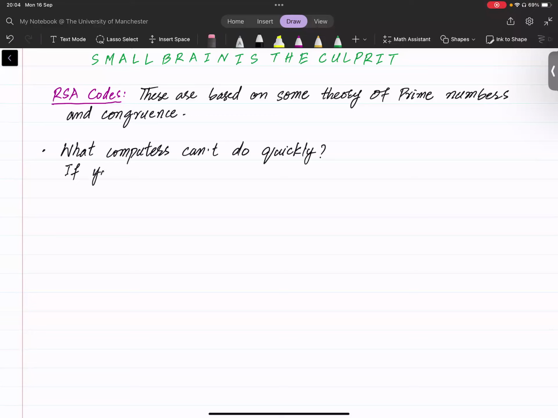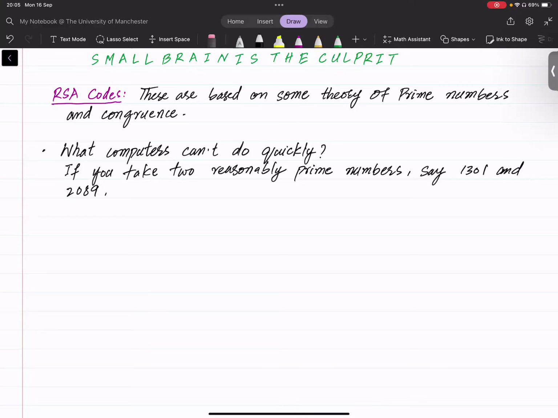If you take two reasonably large prime numbers, say 1301 and 2089, you can find their product.